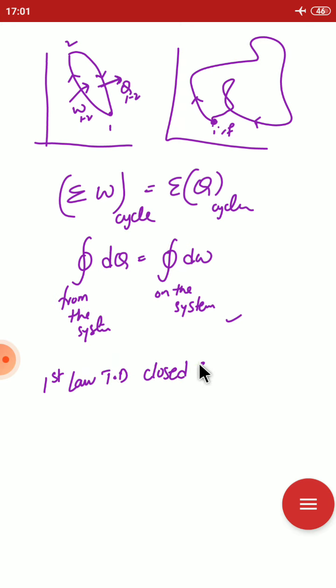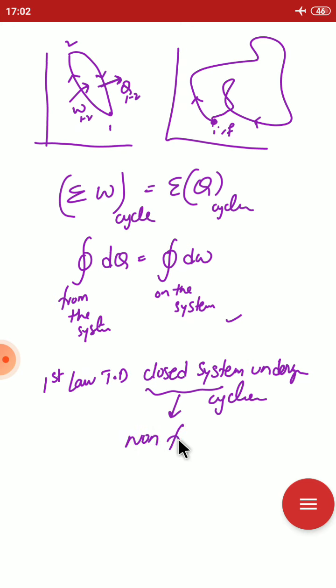A closed system undergoing a cycle. A closed system means a non-flow process. An open system is a flow process.